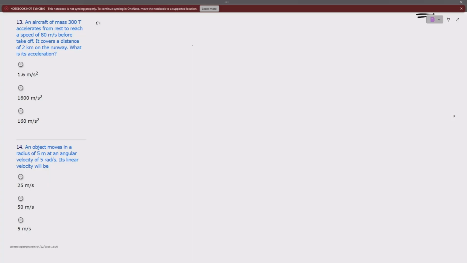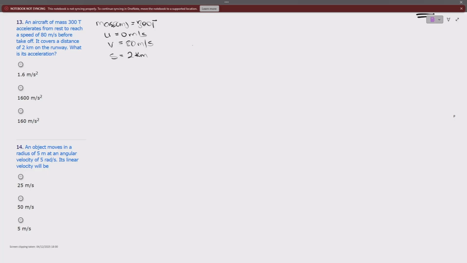It gave you a mass M of 300 ton. It accelerates from rest, so initial velocity equals 0 meters per second. The final velocity equals 80 meters per second, and it covers a distance s of 2 kilometers.